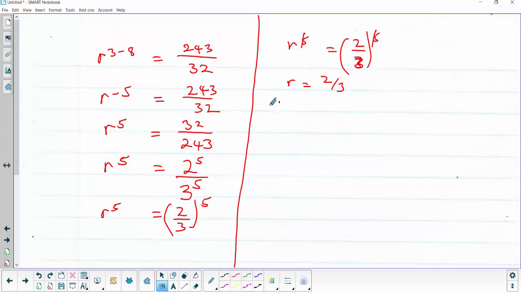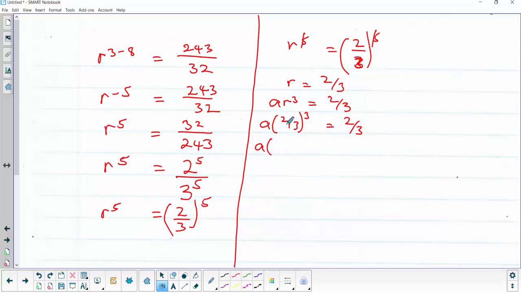Remember, our equation 1 is A R raised to power 3 is equal to 2 over 3. And then we have determined our R here. We put the value for R here in order to know our A. A into 2 over 3 raised to power 3 equal to 2 over 3.